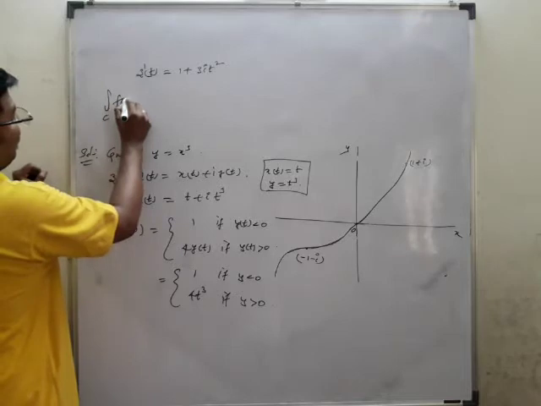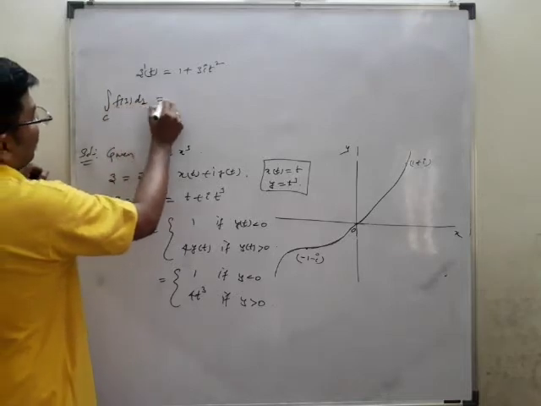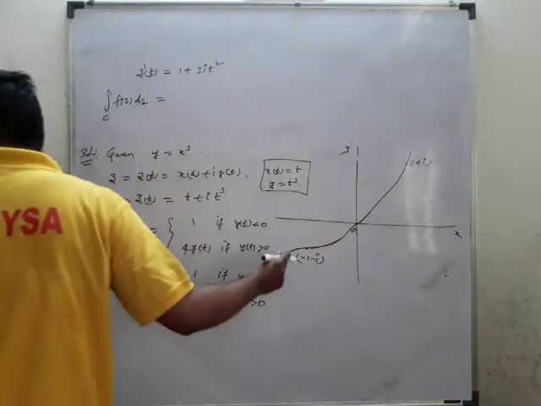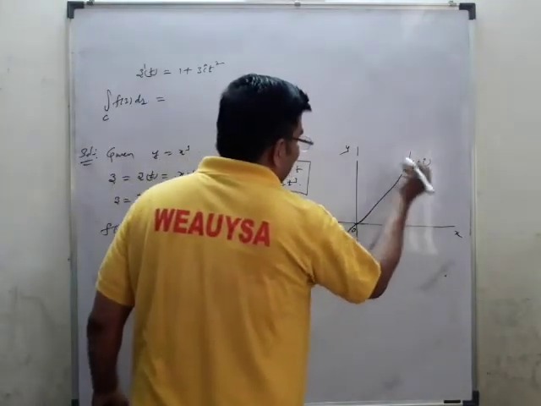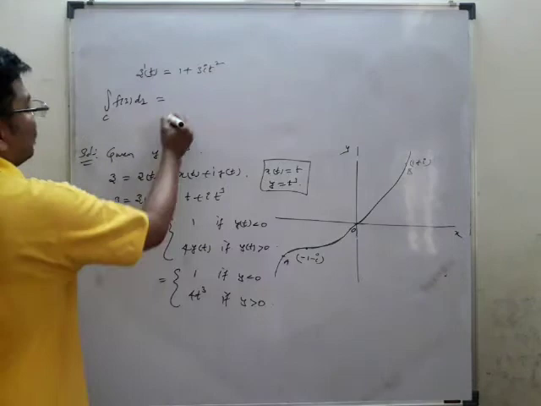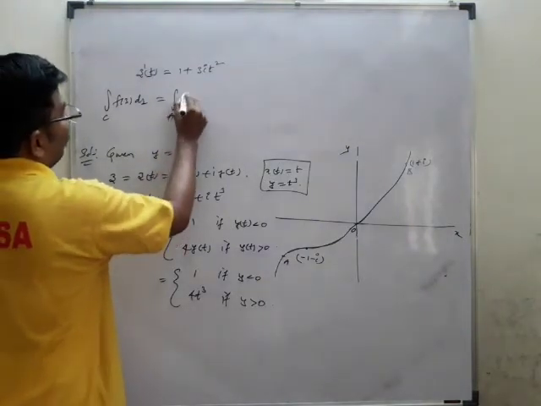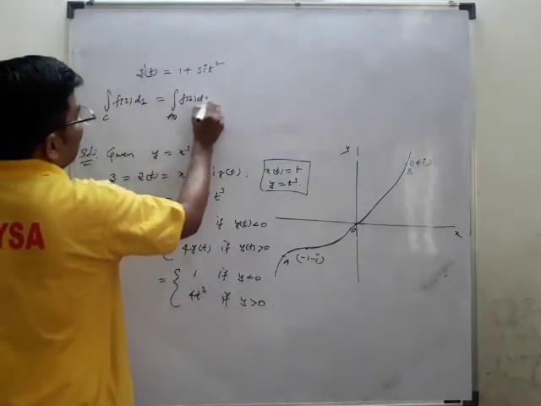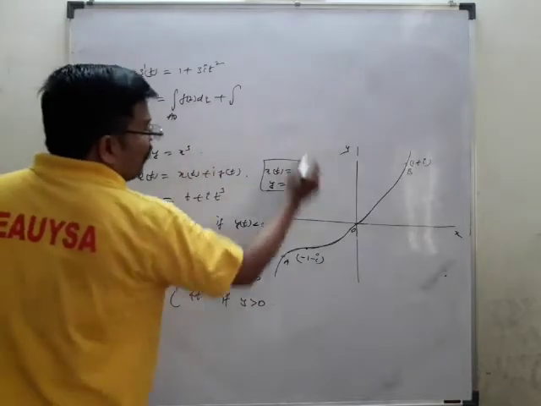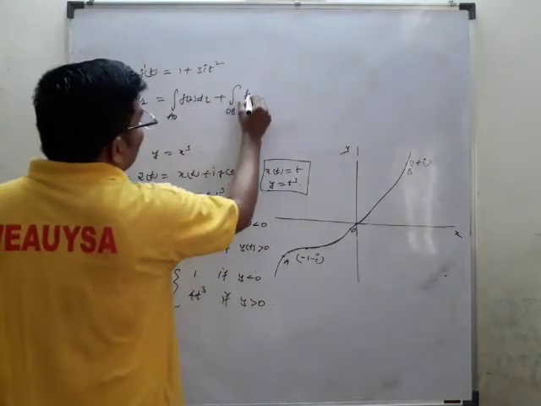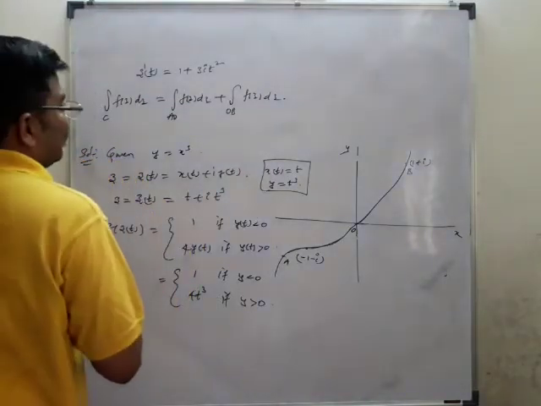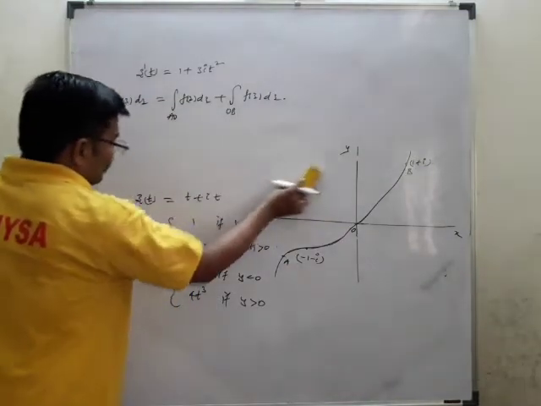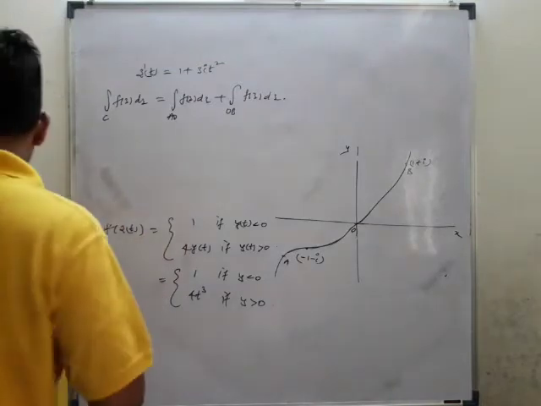The total curve, the integral of f(z) dz, is nothing but, if I take this as A and this as B, the integral over AO plus the integral over OB of f(z) dz. These are the two curves, and if I add them, I will get the total value.